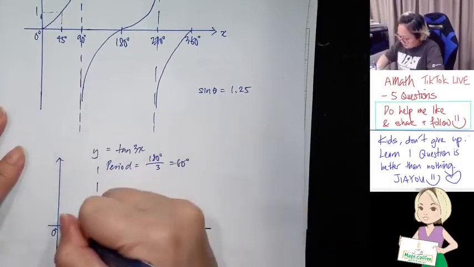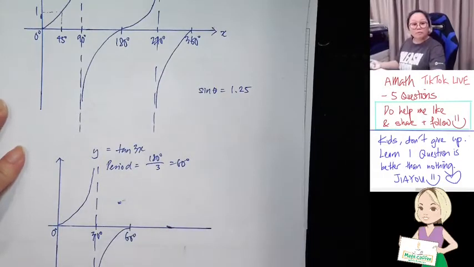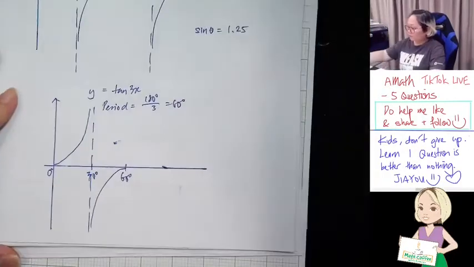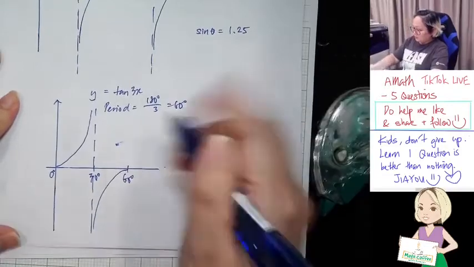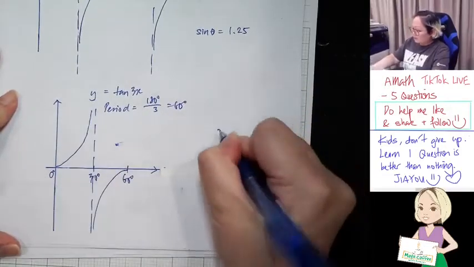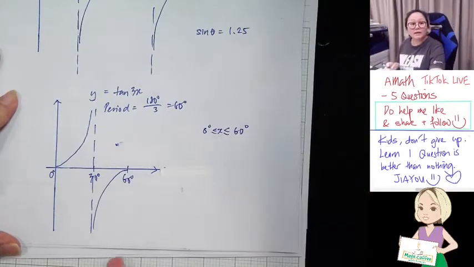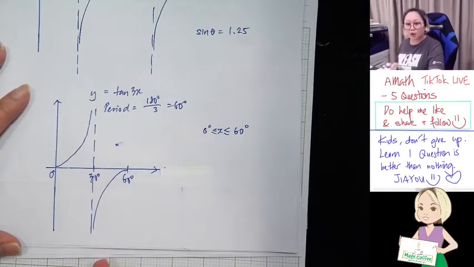Draw the shape, go up, and here. Assuming that I only want to draw from 0 to 60, I'm lazy to draw 360, I would have to draw 6 times. So this is one cycle, correct? So where is the amplitude?